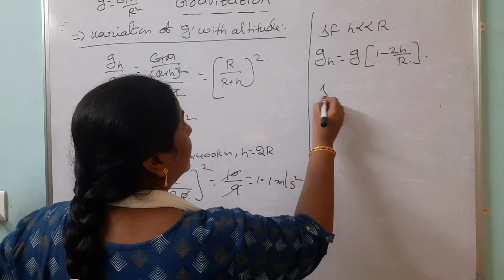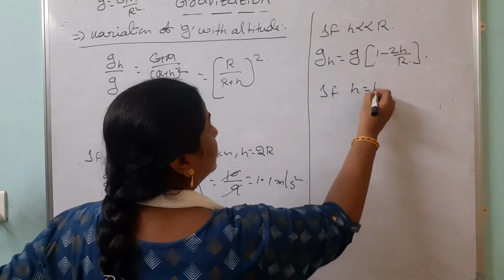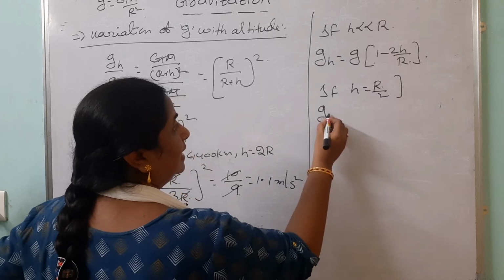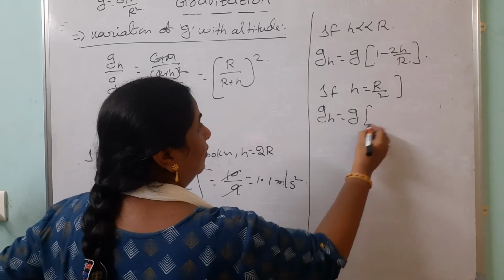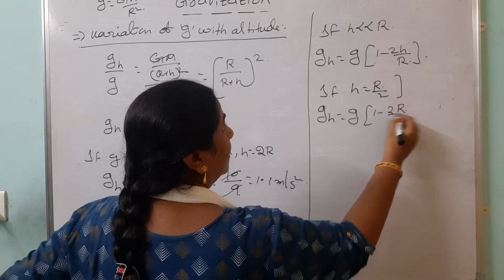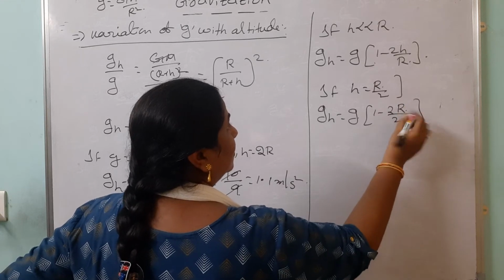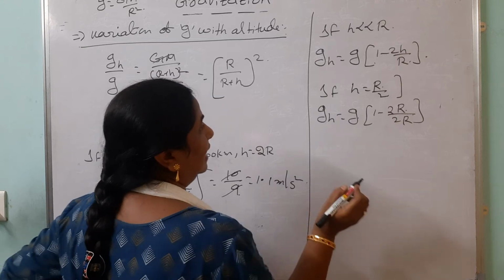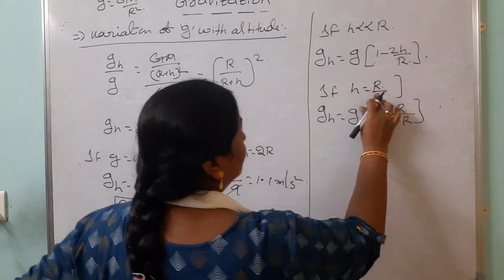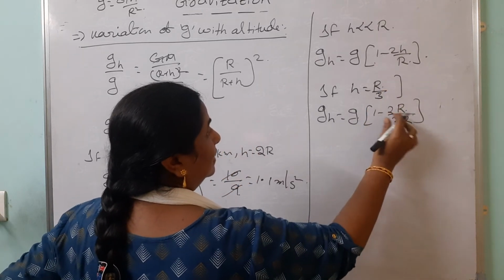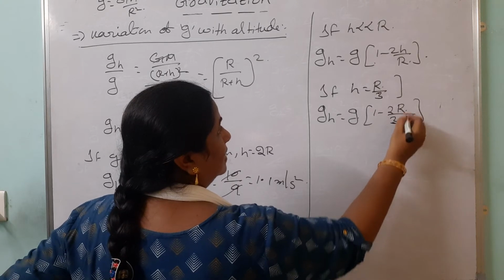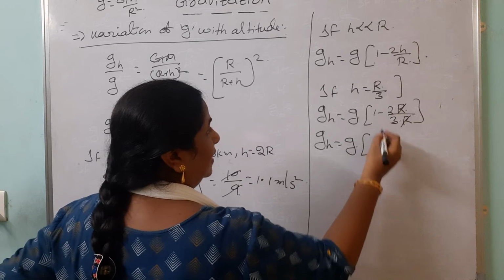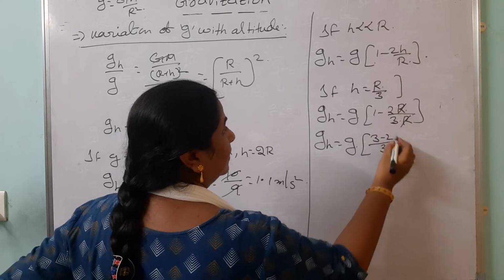So here also, suppose h equals R by 2, half of that radius. Then g_h equals g into 1 minus 2 into R by 2R. The 2R cancels. Then what are we getting? 1 minus 1, 0. Suppose instead this is 3, then you are getting g_h equals g into (3 minus 2) by 3, like that.